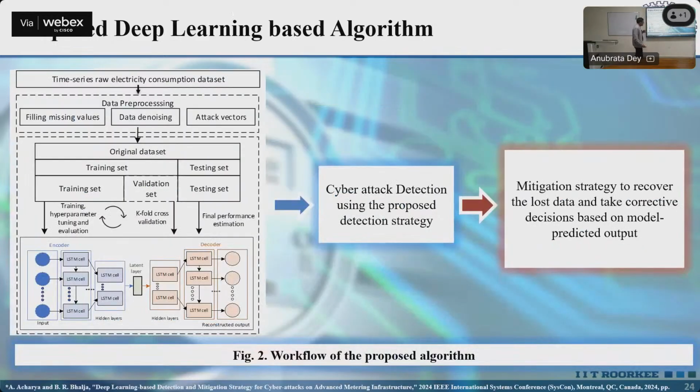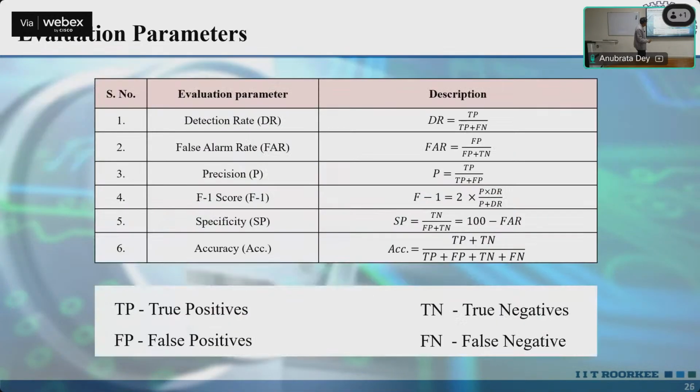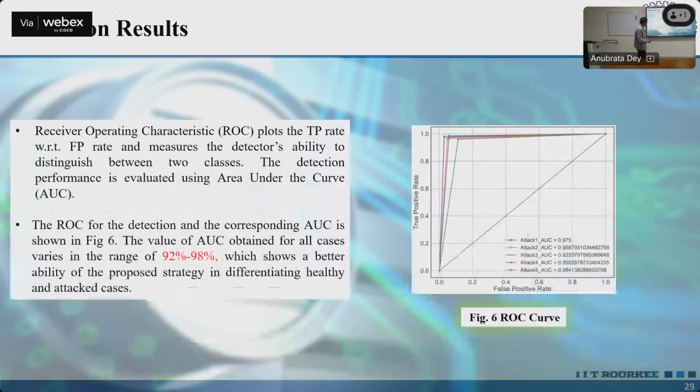Now, let us see one case study where we have considered the data from some smart meters, and then we did the attack. So let us see how it works.